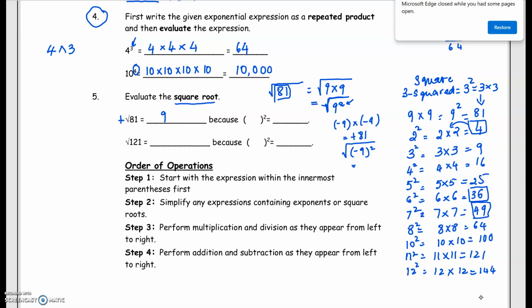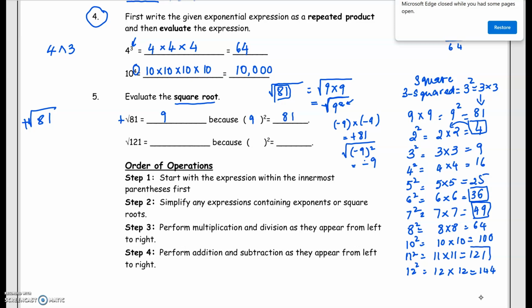And if I say what's the square root of 81, technically it's a plus or a minus. In this case, do you see that it's a minus 9 as well? But if I say what's radical 81, you're being asked to find the positive square root of 81, which is 9. So positive square root of 81 is 9, because 9 squared equals 81.